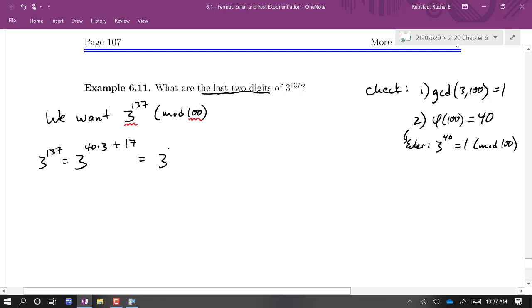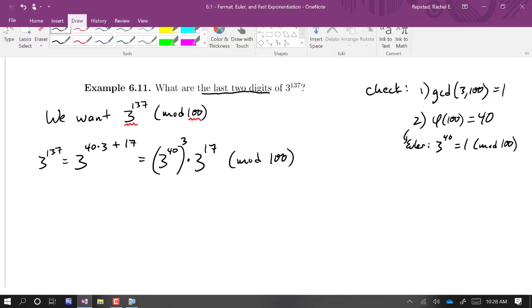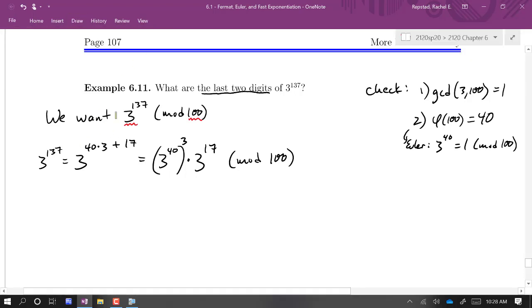So this is 3 to the 40th all cubed times 3 to the 17th mod 100. That's what we're after. Now, I want to make sure you stop and check that this line you're okay with. 40 was the magic number here because we're trying to find instances of 3 to the 40th power.